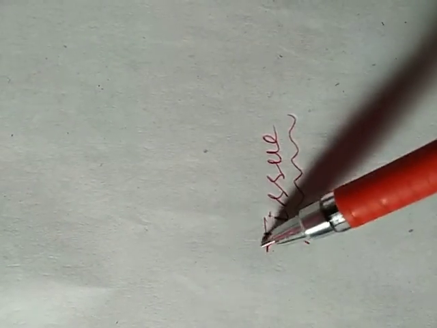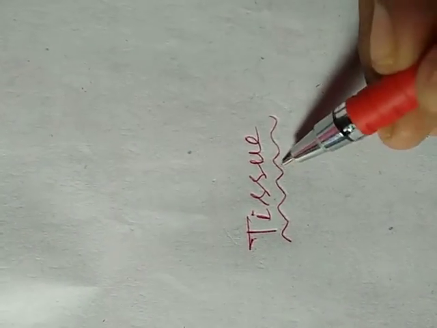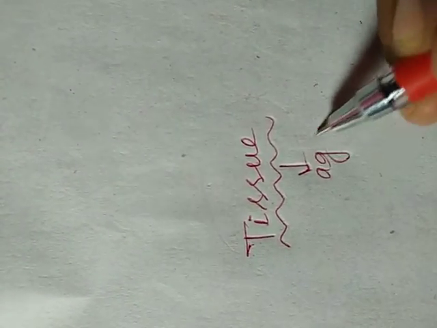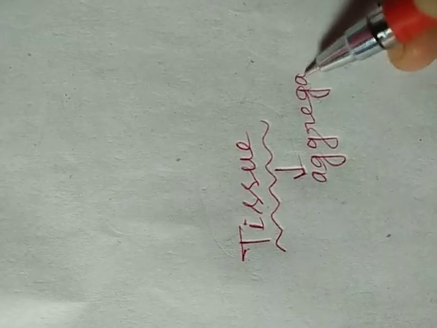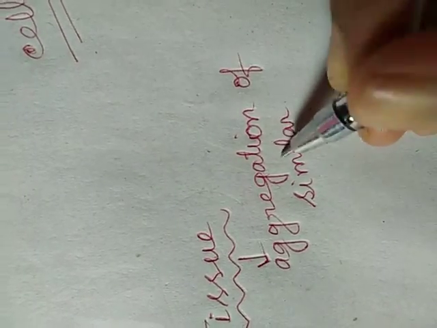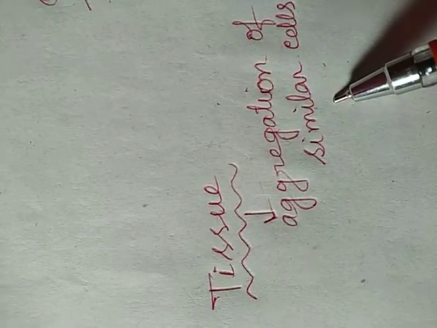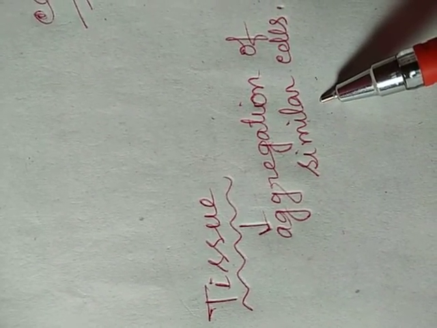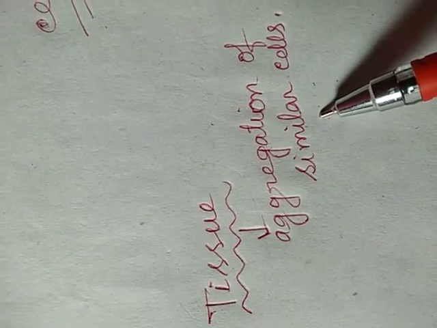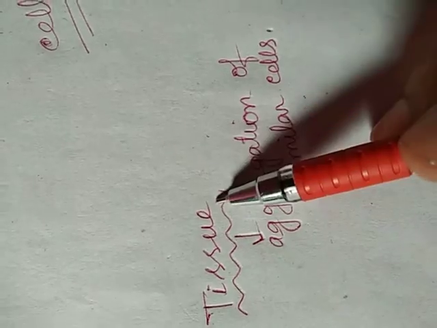Now the term is tissue. What is tissue? Tissue is an aggregation of similar cells. It means a group of similar cells is called a tissue. When similar cells aggregate with each other, they form the tissue.